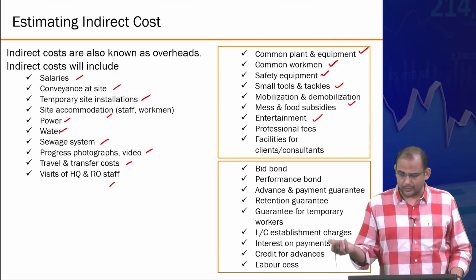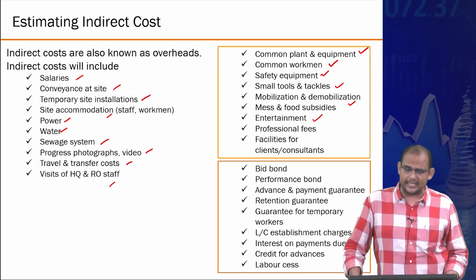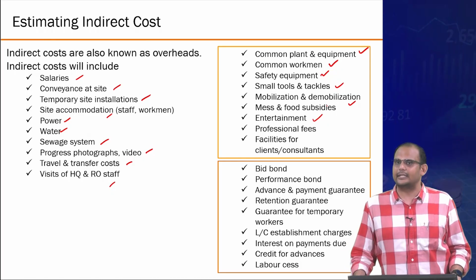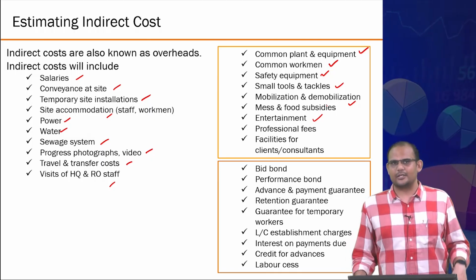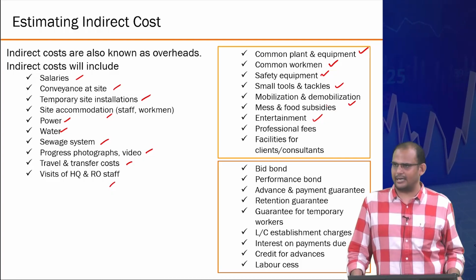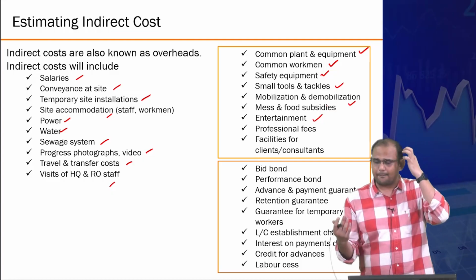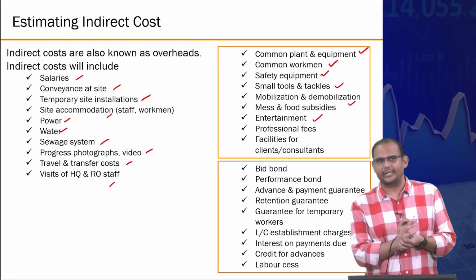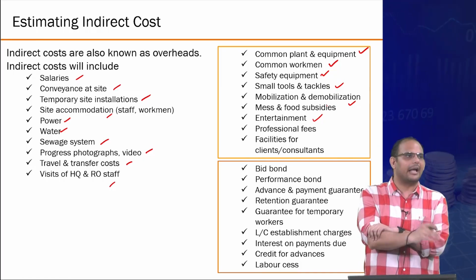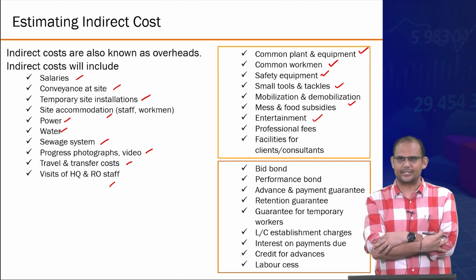So if you actually go to some big sites, you will see labor camp management itself becomes quite an interesting and challenging task, because machinery can function on remote or robotic or whatever your instructions are. People you need to deal with differently. And in general, good project managers will always have good people management skills as well, right?